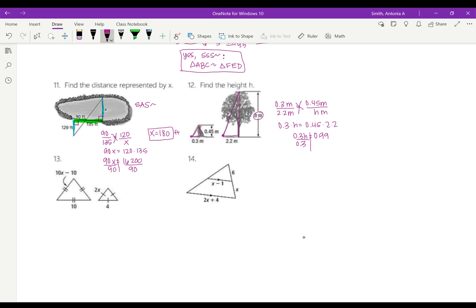Divide by 0.3. So H is 3.3 meters. Hang on, I want to double check my math. Yes, we're good.